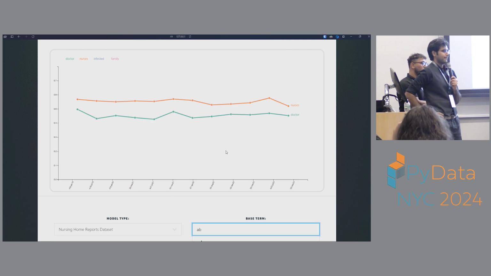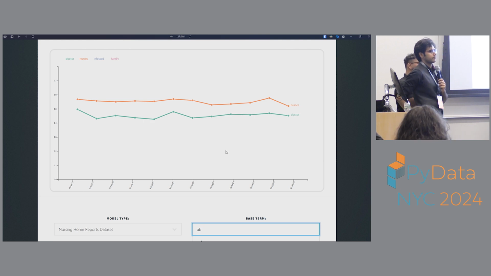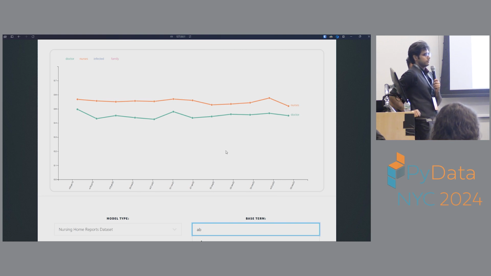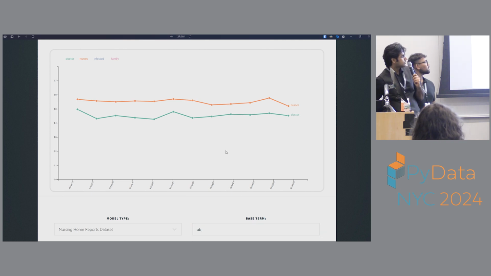So I guess, is the cosine similarity for one time period, can you compare that with the cosine similarity on another time period? Because there's essentially different embeddings. And that's where the base term comes in. The base term is the anchor point.